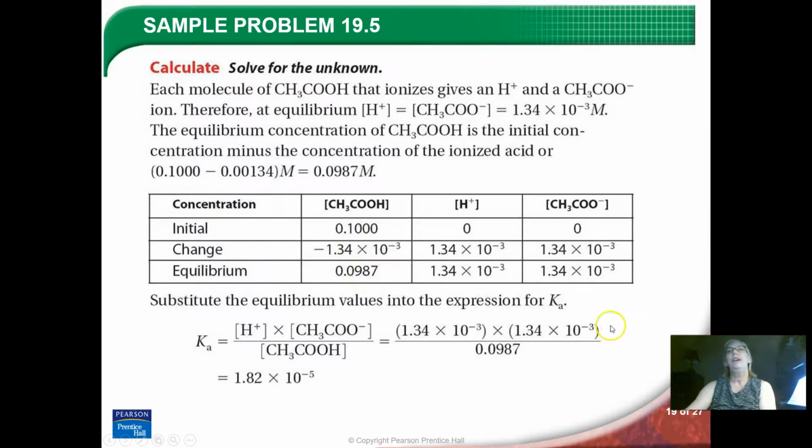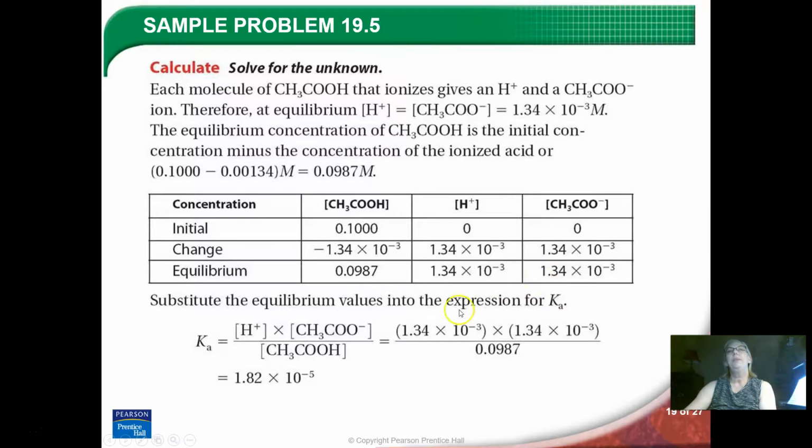This whole chart you have to get used to making. This is called the ICE chart. Initial, change, equilibrium, so ICE. We have to do this because we need to find out what we have at equilibrium, not what we started with. So if I subtract these two numbers, I get that value. I know I have this much at equilibrium and this much at equilibrium because they're a 1-to-1 ratio.